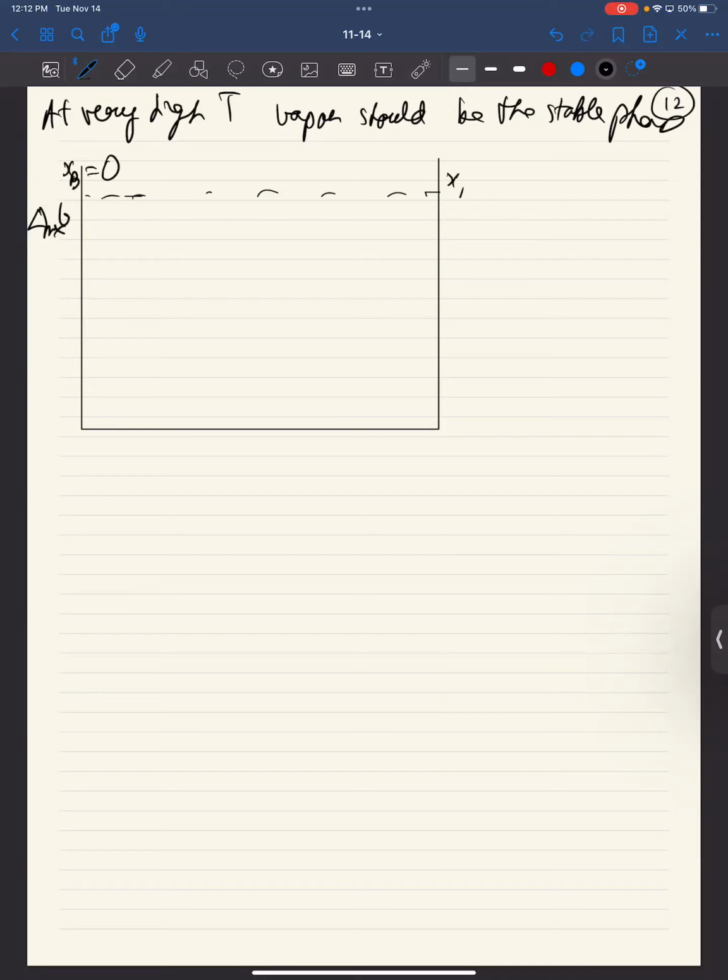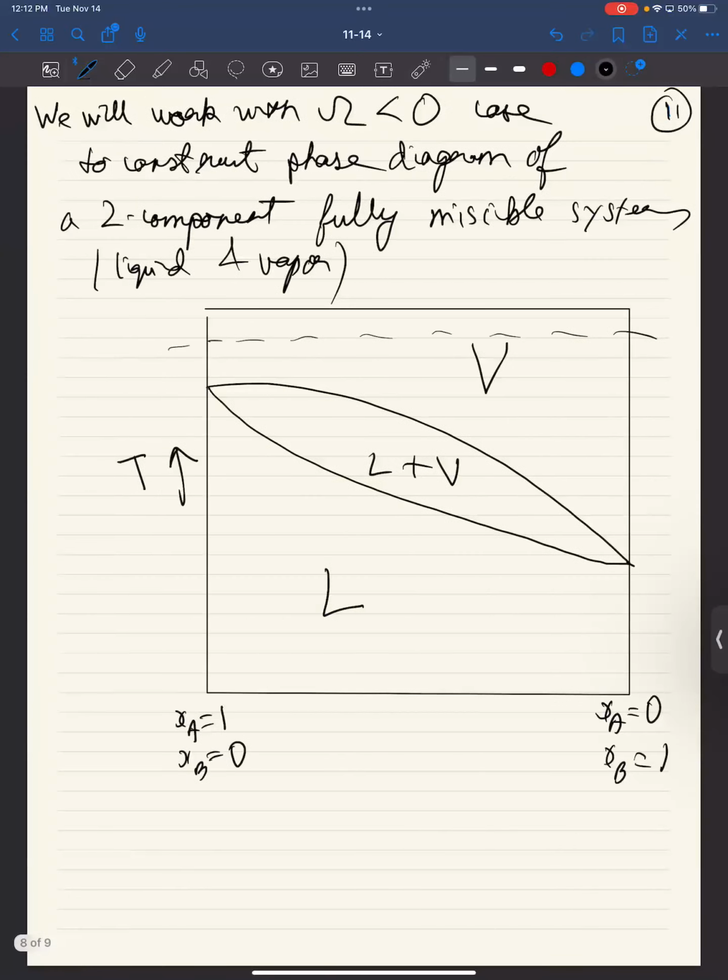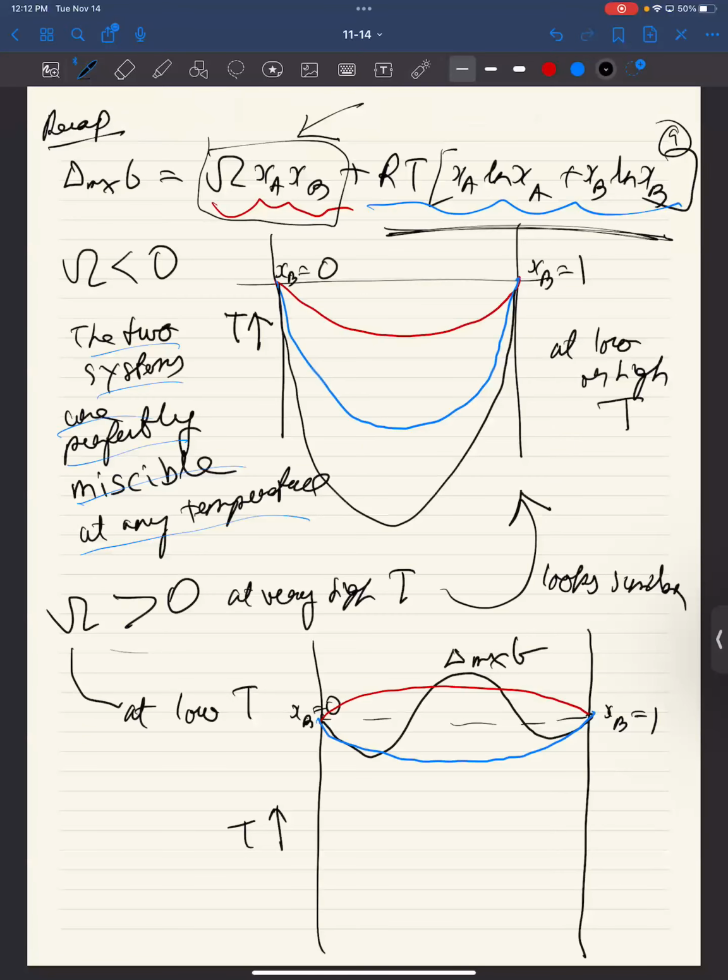So if I go to my free energy curves, so this is G, this is delta mixing G versus XB. XB is equal to 0, XB is equal to 1. We know that the big picture here is that you can draw such a curve like the black one for the liquid phase, and you can draw such a curve for the vapor phase. Okay, you can draw two different curves.